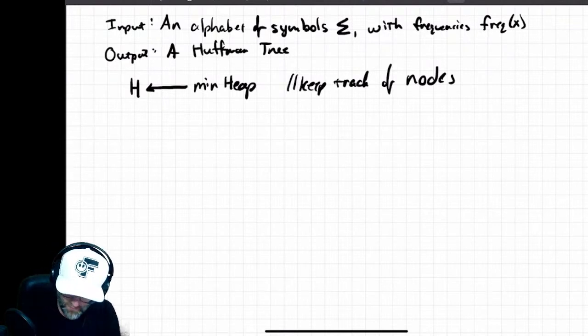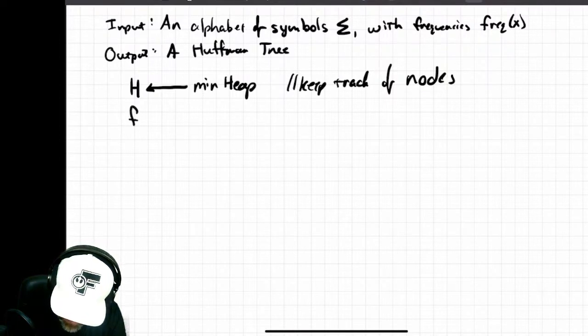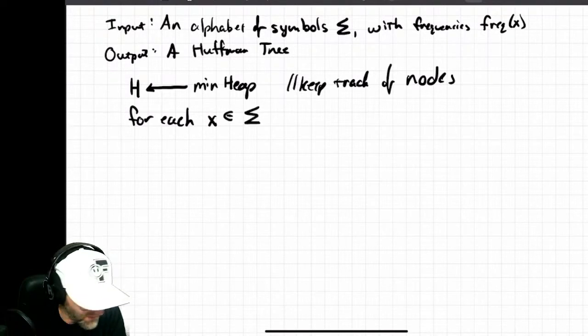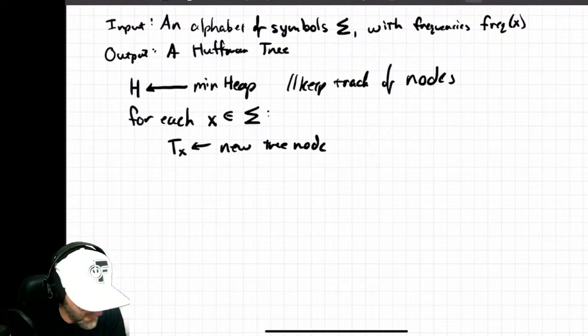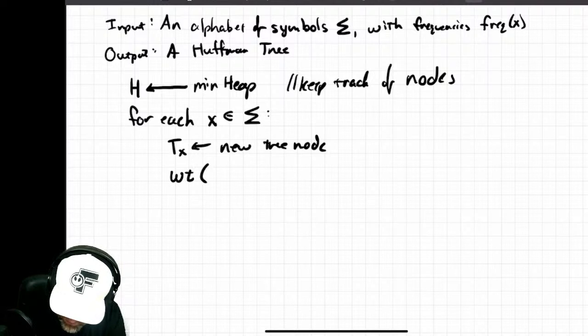All right, so for my initialization here, for each symbol x in your alphabet, sigma, I'm going to initialize a new tree node. So t sub x is going to be a new tree node, and I'm going to associate it with a weight. The weight of t sub x is going to end up being the frequency of x.